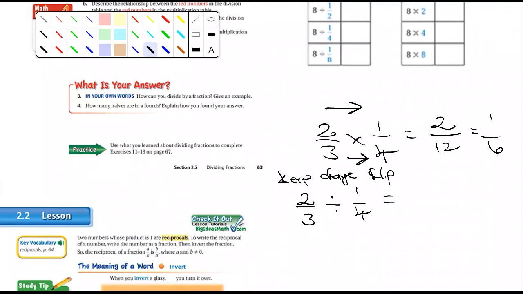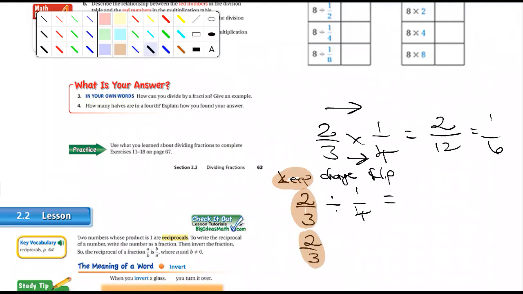So you keep the first fraction the same. I'm just going to rewrite it as 2/3. You keep that the same. There's no change with that. So the 2/3, let me do it this way. I keep the 2/3 the same.